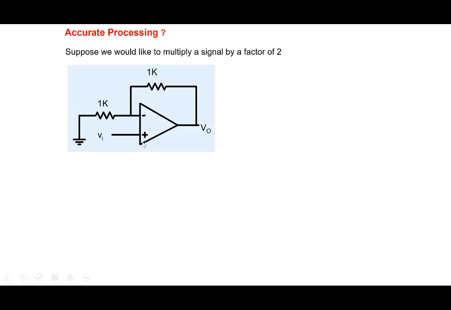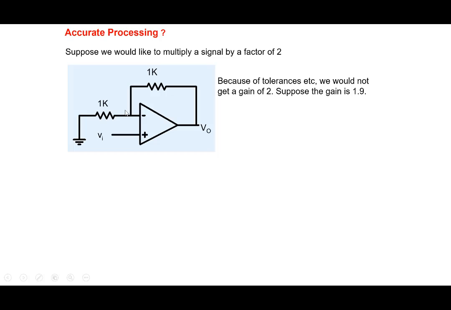The other point, besides robustness to the presence of noise, is processing. Suppose you have a signal and you would like to multiply it by 2. We saw a circuit in the last lecture: you can build a non-inverting amplifier with a gain of 2, and get the signal multiplied by a factor of 2.